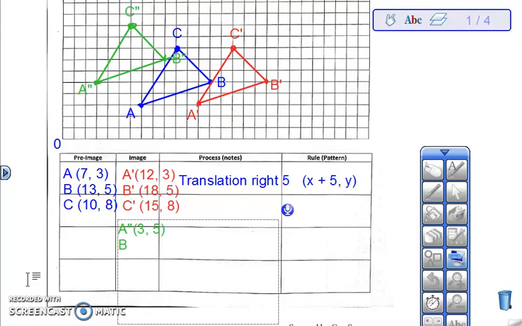So the new B is located at 9, 7, and point C is located at 6 and 10.